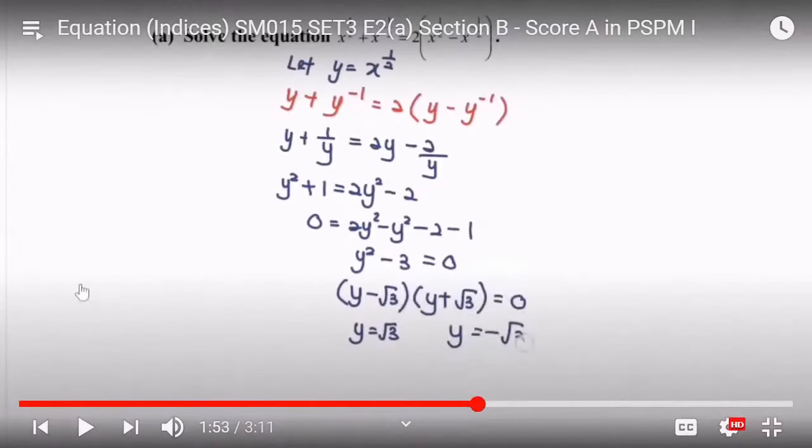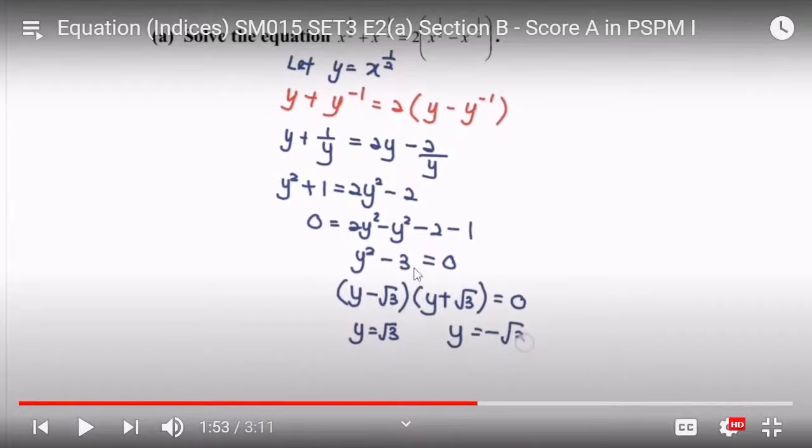Okay, so di sini saya nak share sesuatu ya. Kalau lain kali you nampak benda ini, y squared minus, kalau ini bukan perfect square. Okay, perfect square maksudnya contoh 1, 4, 9, 16, 25. Kalau dia bukan perfect square, you ingat satu je.